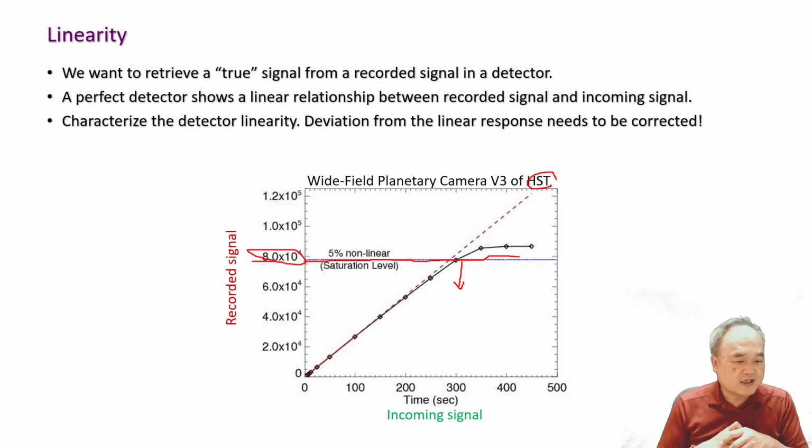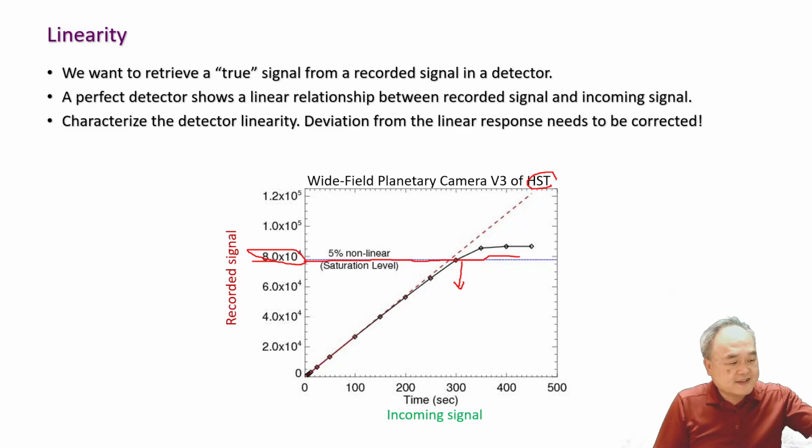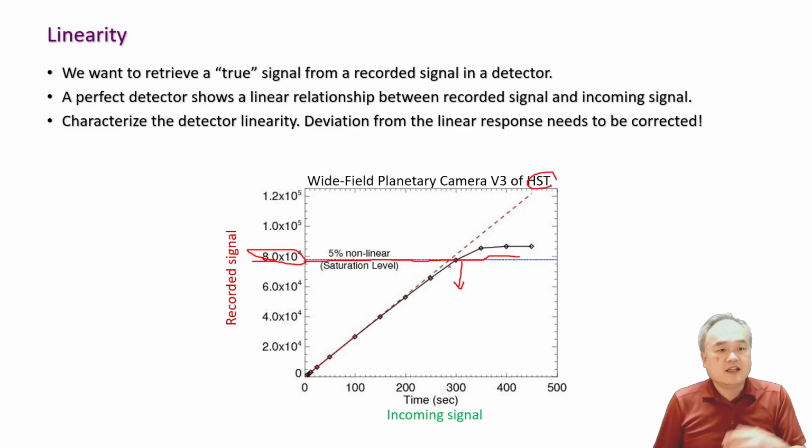That is known as a neutral density filter. Using a shorter exposure time or some filter decreases the incident intensity, so that your final recorded signal stays below the severe non-linearity regime. So linearity of the detector is the characteristic we can rely on to retrieve the original incident signal strength.